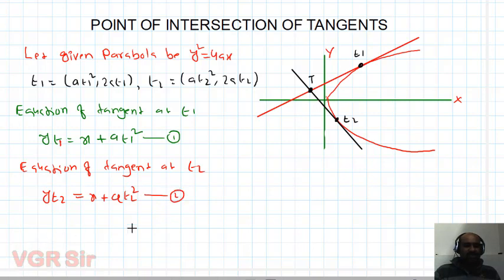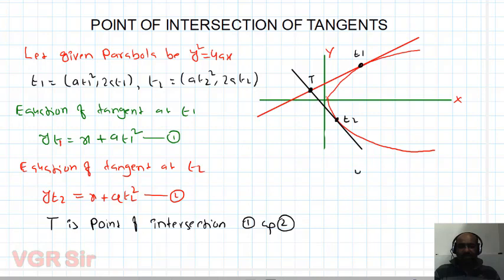What is the meaning of this? Capital T is the point of intersection of 1 and 2, that means tangent 1 and tangent 2. So I want to solve those two. First, yT1 equal to x plus aT1 square. Second, yT2 is equal to x plus aT2 square.